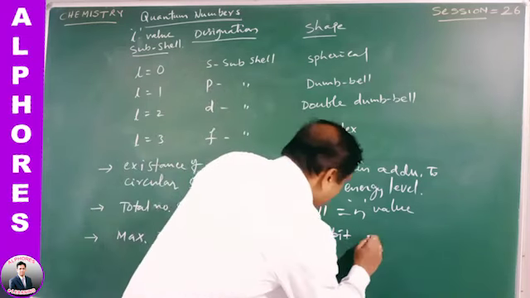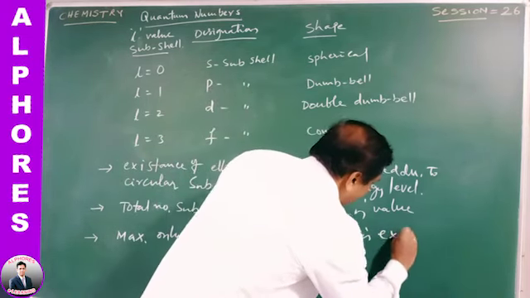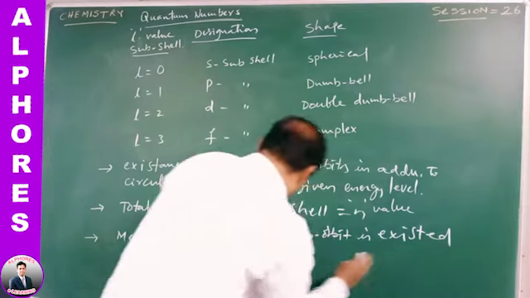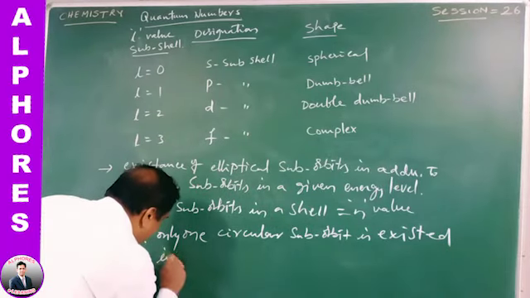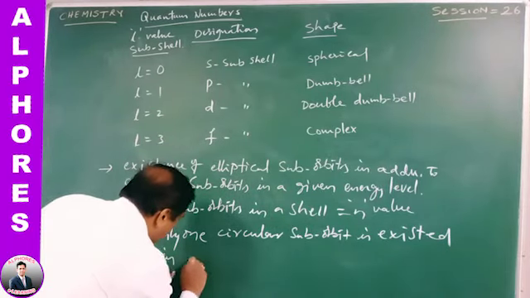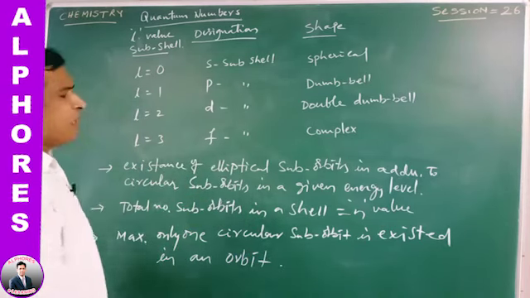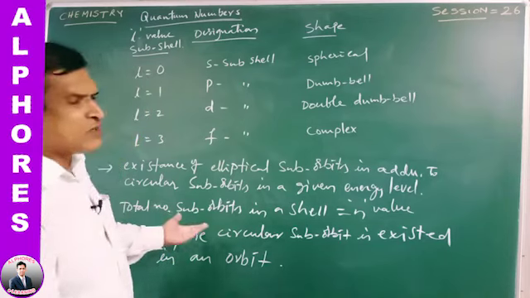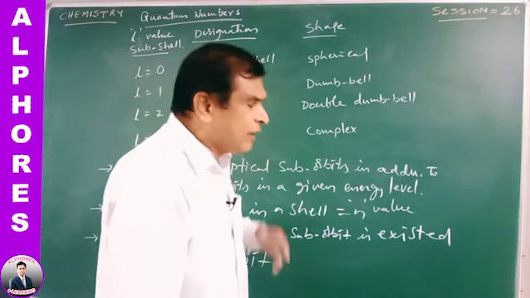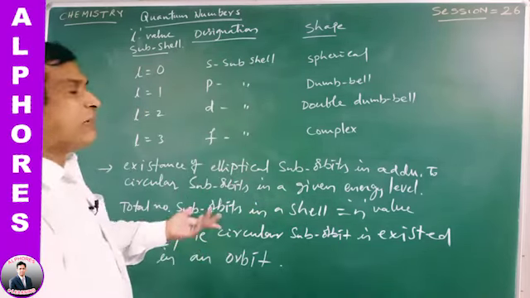A circular suborbit exists in an orbit. In any orbit, maximum only one circular suborbit exists, and the remaining rest are elliptical suborbits.